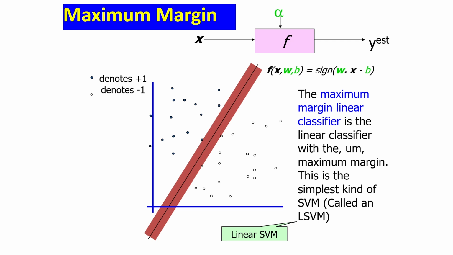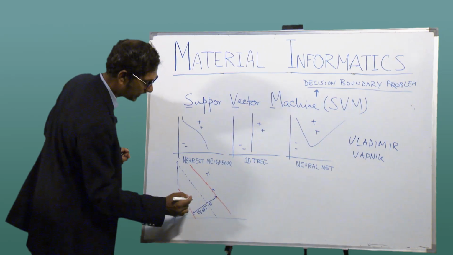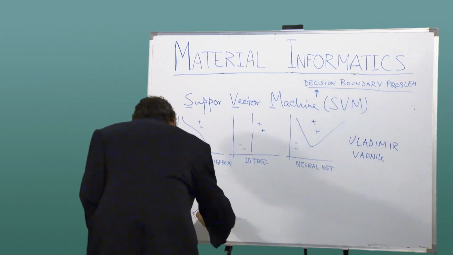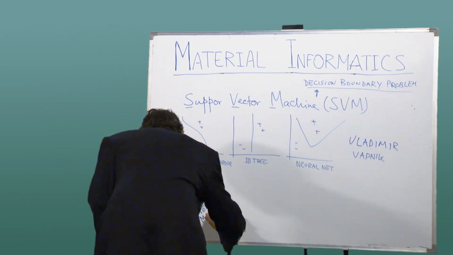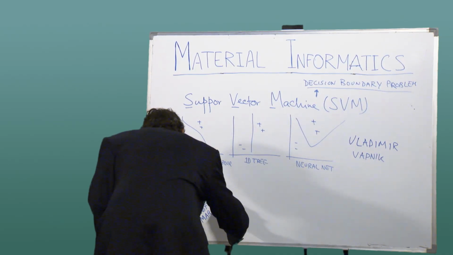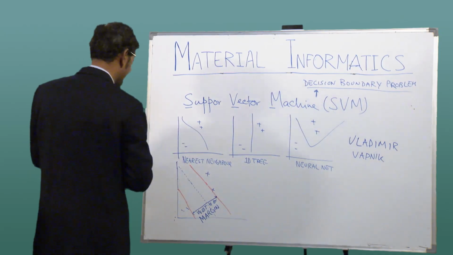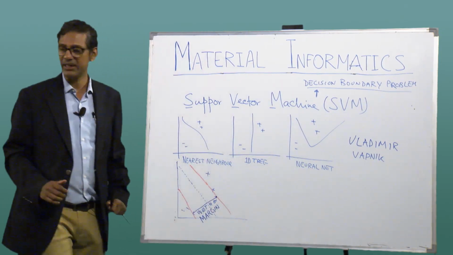Sometimes it is called linear SVM or LSVM. So, the maximum margin principle is what is to be used. Maximum width or maximum margin is the same. So, this is width, or you can write margin also. This is also margin. So, this is what needs to be maximized.